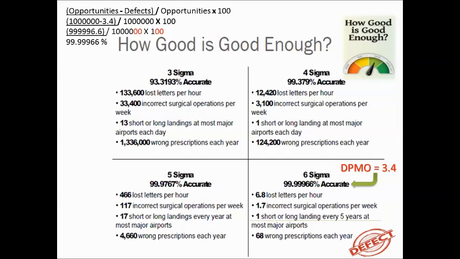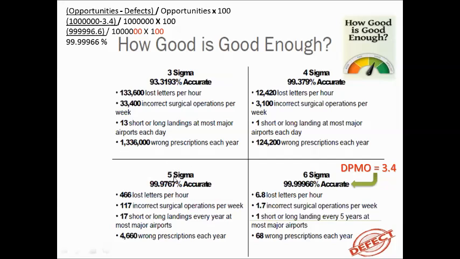It means that only 68 wrong prescriptions will be made each year in the hospital. If my sigma level decreases, the defects per million opportunities increase.